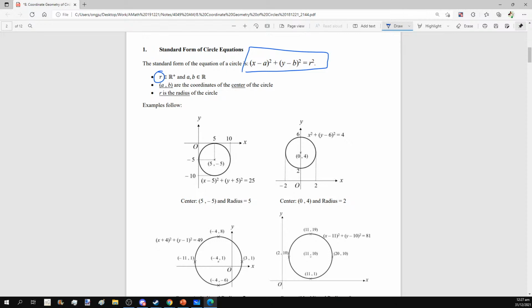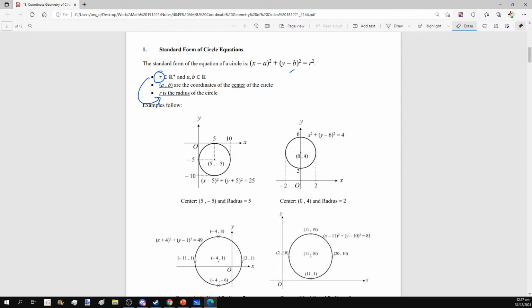We can have negative, strictly speaking, but it would be more convenient to restrict it to the positive reals. And of course, you don't expect anything that will give you a math error, for example, the square root of -4. That wouldn't make sense, right? Now the constants over here, a and b, in this case refer to the coordinates of the center of the circle, and of course the r refers to the radius.